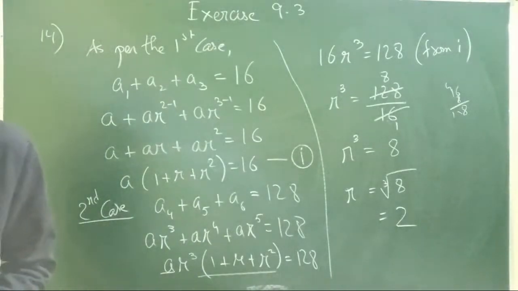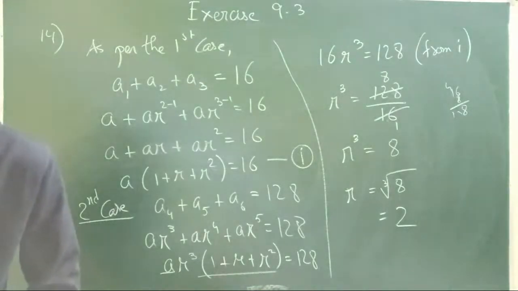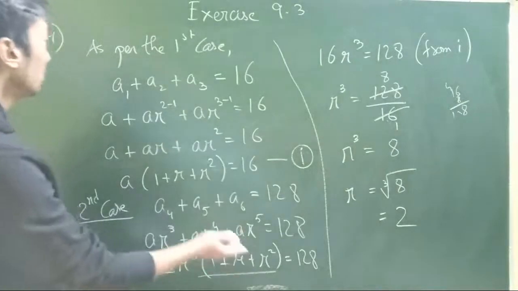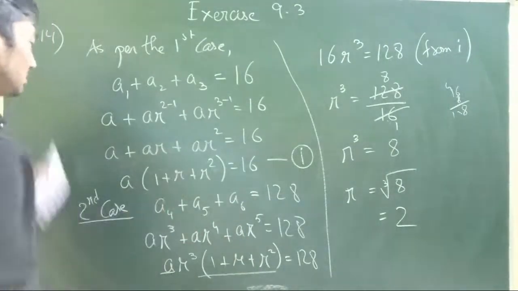So what are we supposed to do here in this question? We are supposed to find the first term and common ratio. So okay, we have got the common ratio. Now we can solve and get the first term. We can substitute R in any one of the equations. Alright, we'll substitute it in equation 1.